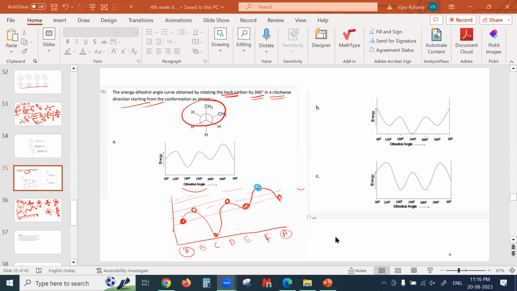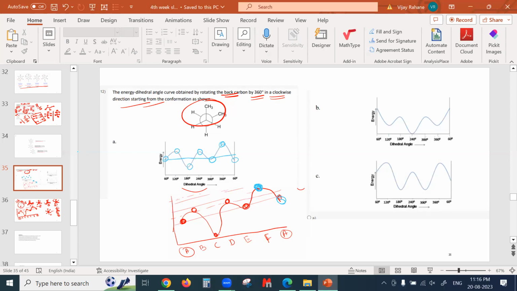So here you can easily compare it with the options given. The second, this F, you can see, is perfectly synchronizing with our curve. And the lowest is the third one: first, second, third, fourth, fifth, sixth, and seventh, right?